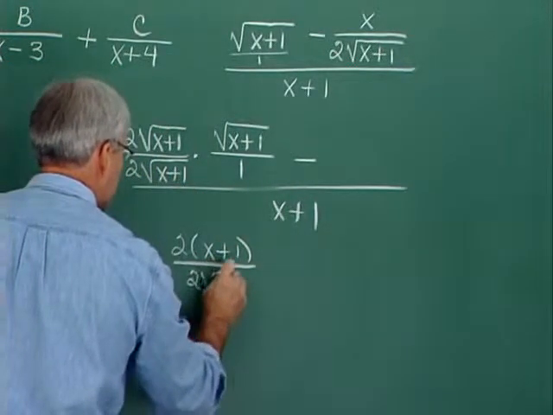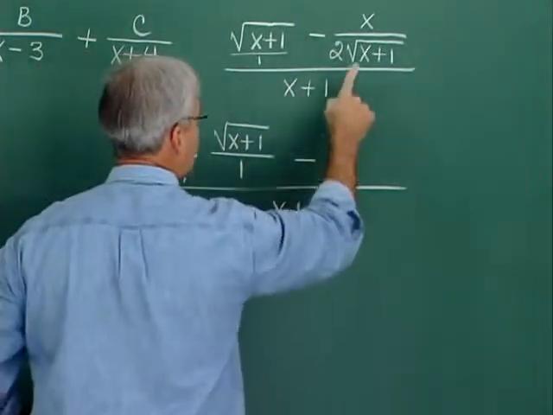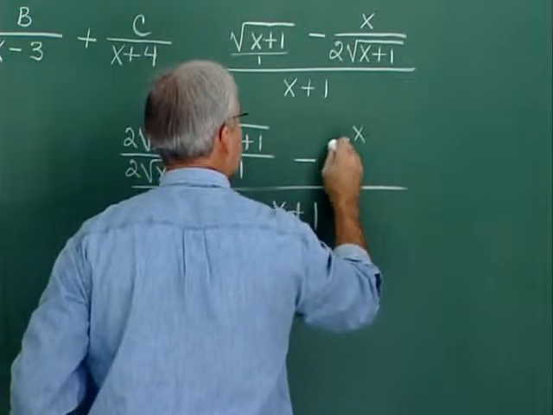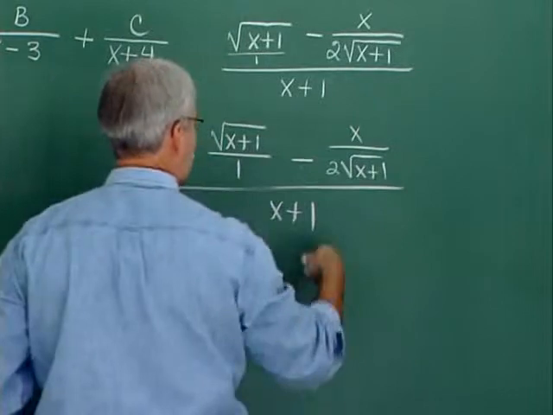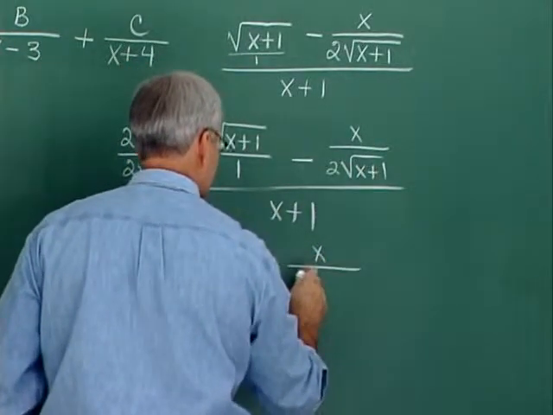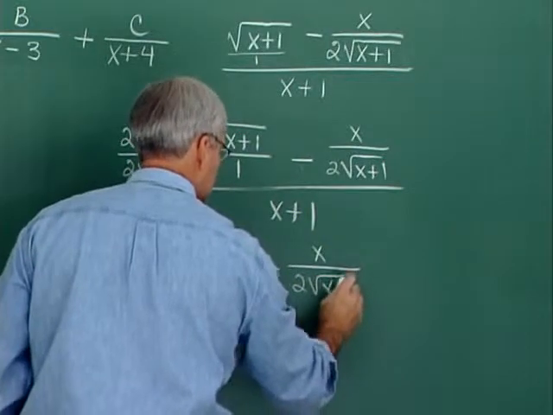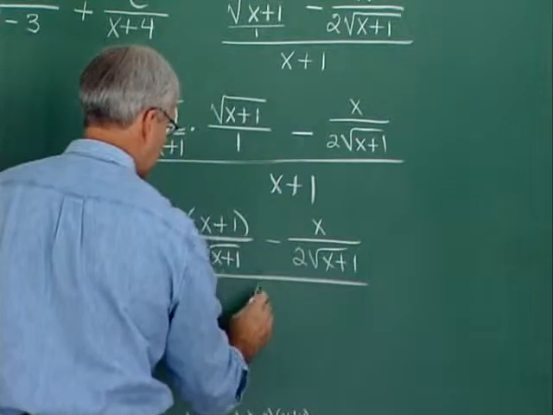So it's 2 the square root of x plus 1. So that's what we get. Now over here, this fraction stays as it is, and we just bring it down into this step. And all of this is over the x plus 1.